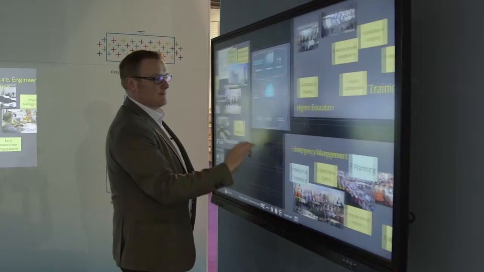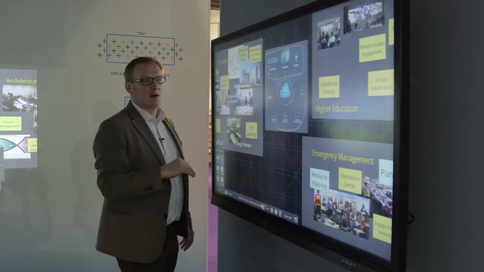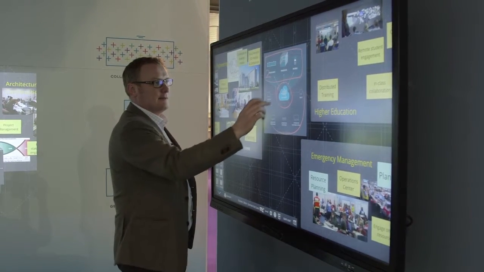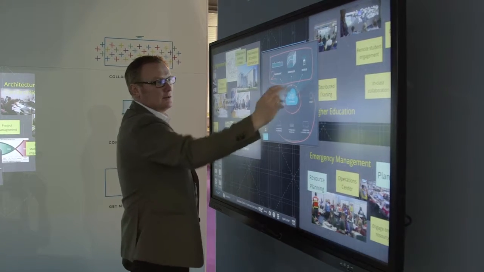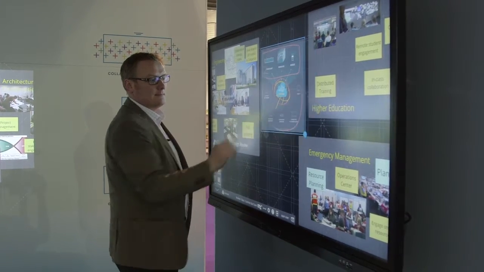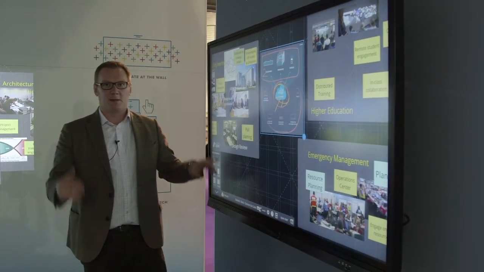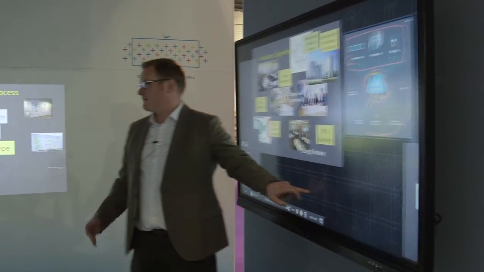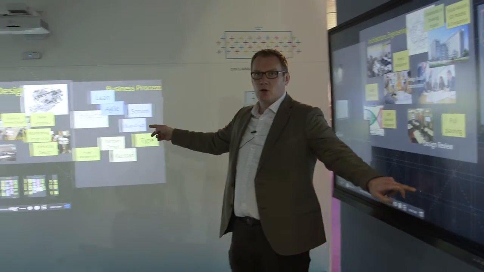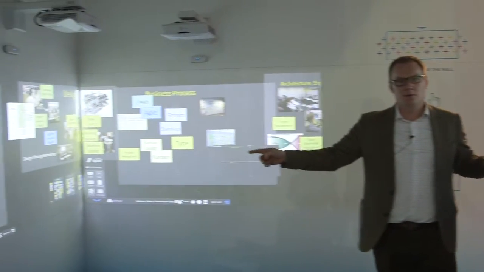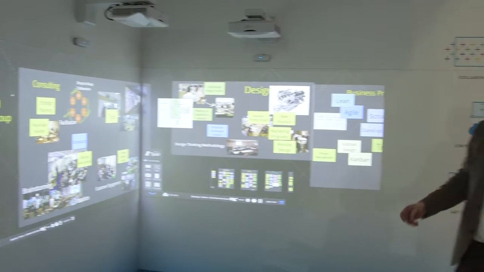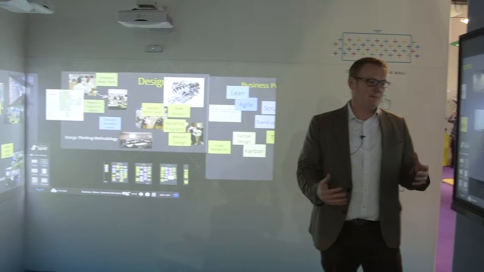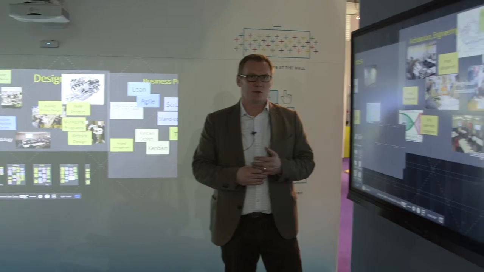So I can scroll the canvas along, and there's that same diagram that I was using on the projection system behind me, which I can still use and edit and annotate on this screen. But all three displays are linked. So as I move the canvas, it's scrolling around on all the other screens as well. This gives you as a reseller an opportunity to create and design immersive collaboration environments for your clients.